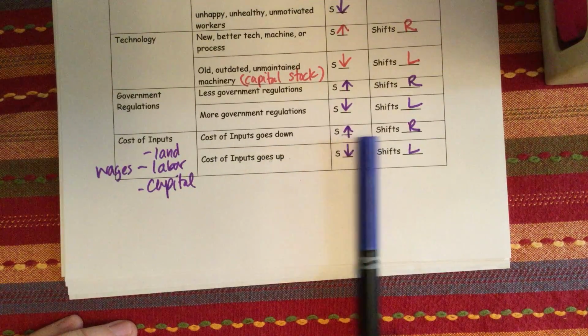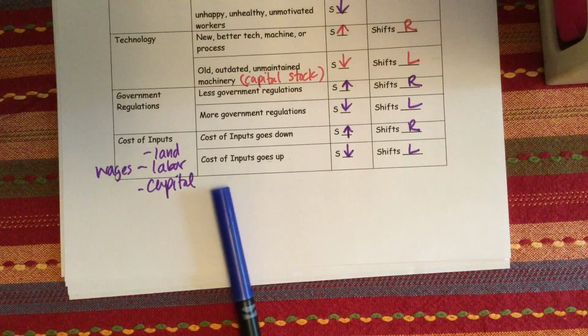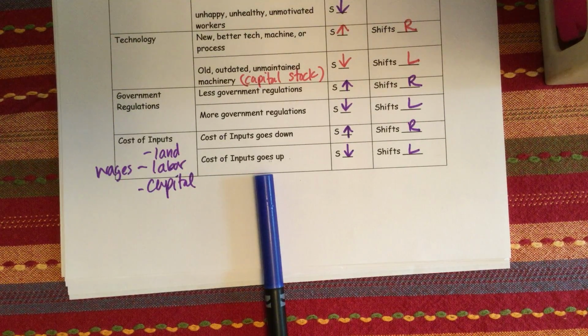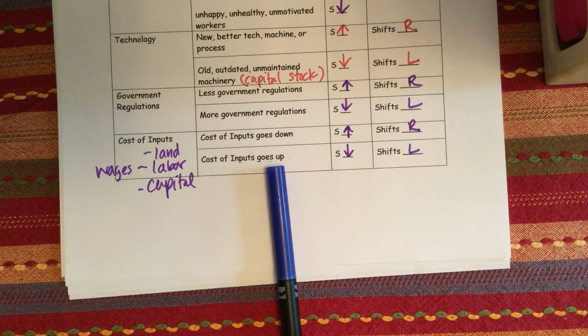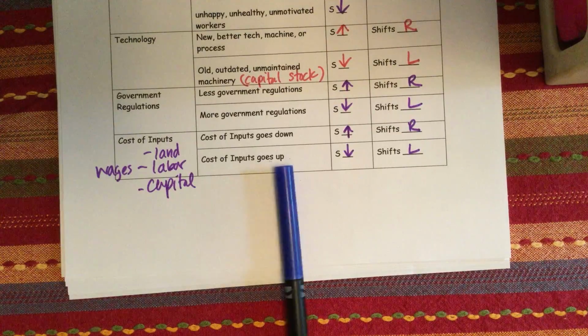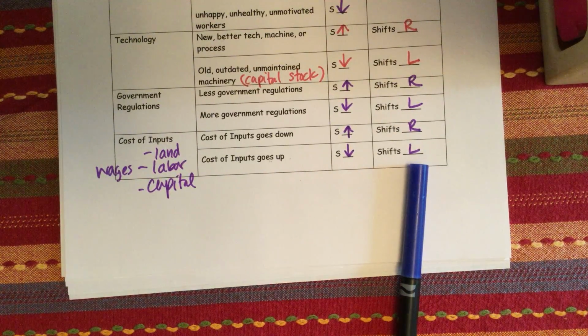So the supply would go up and it will shift to the right. Let's say, for example, that all of a sudden the price of eggs skyrockets, and oil and flour and sugar. And so it costs me more to buy those goods, then I'm not going to be able to buy as much. And so then I won't be able to produce as many cakes. My supply will go down and it'll shift to the left.